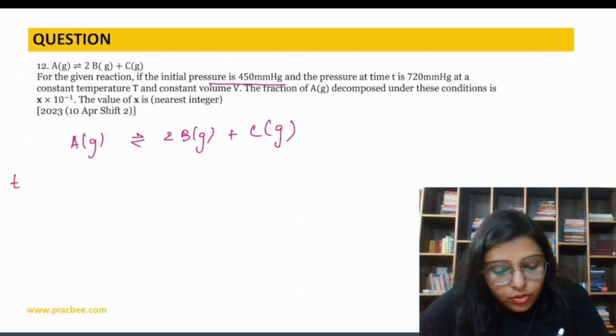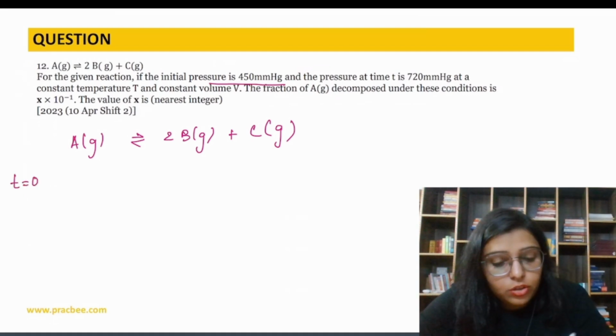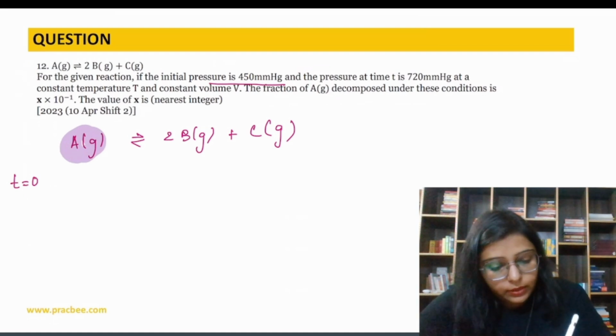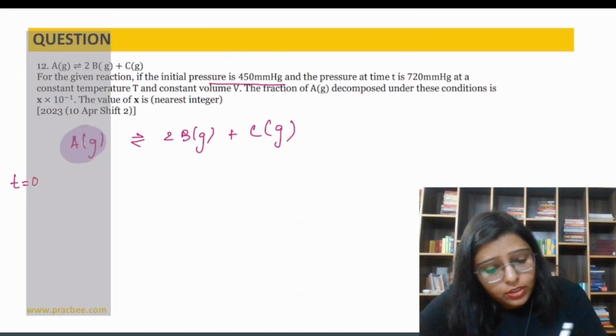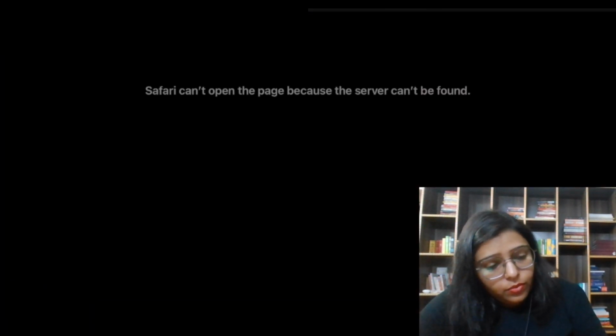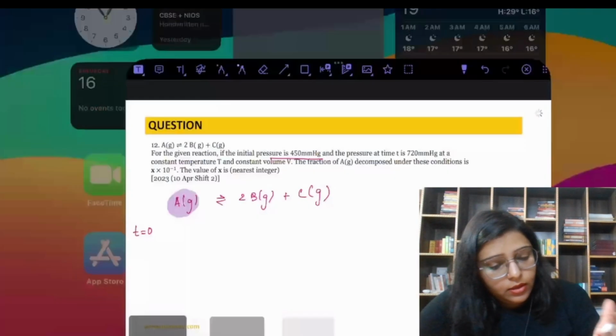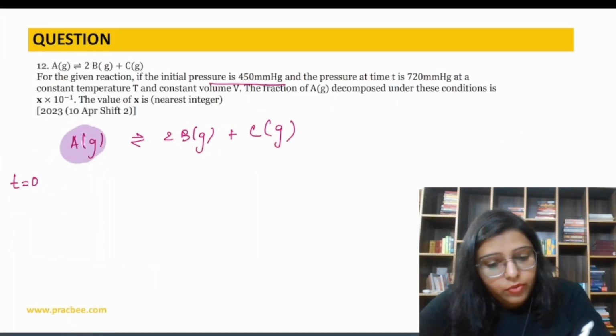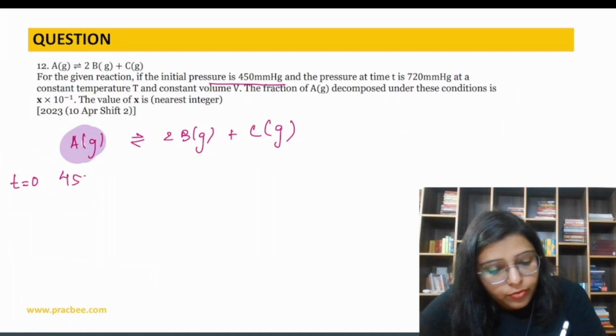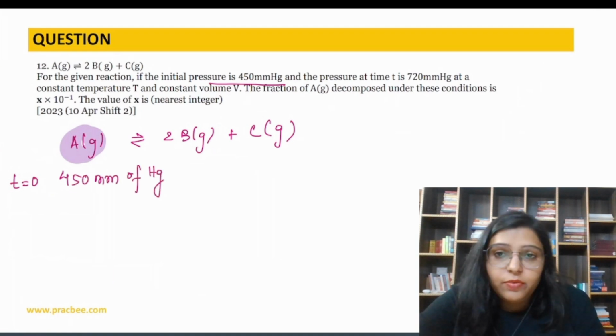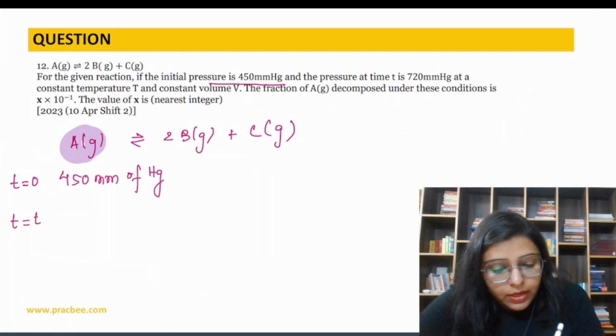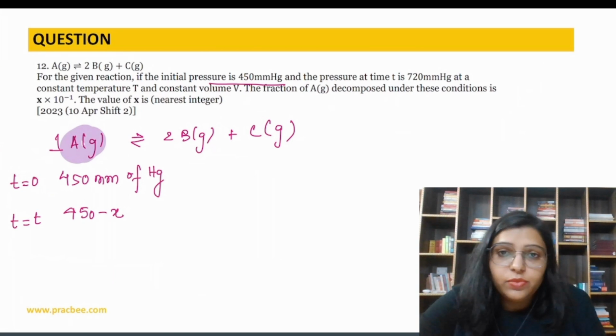Initial pressure, so at t equal to 0, the initial pressure is due to the A gas, which is equal to 450 mm of Hg, right? Now after some time what happens? 450 minus x, because the coefficient of A is 1.